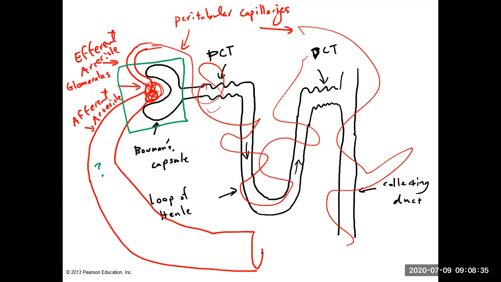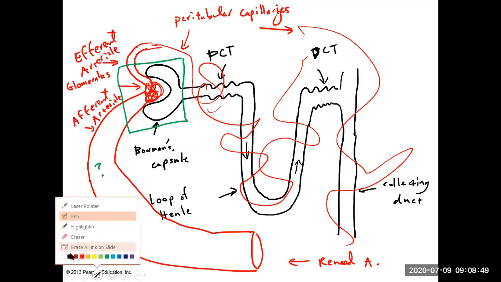This is from the renal arteries. And now we need to find out what is in our blood.